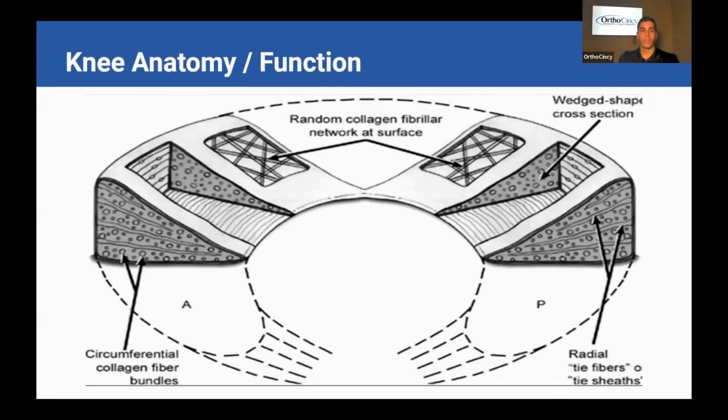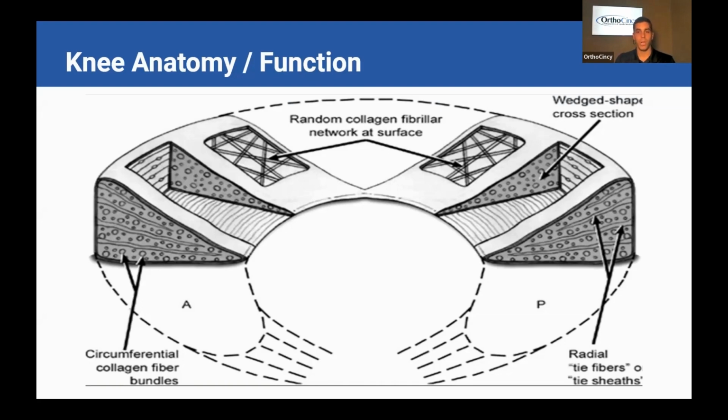This is another picture which is trying to illustrate the function of the meniscus. It's a funny looking picture. What you're seeing there are lines going in different directions. This is like a cross section, or cuts of the meniscus in different places. What you notice is that there are different lines and fibers going in different directions. That illustrates that there's a very important architecture to the meniscus, which helps with its function.